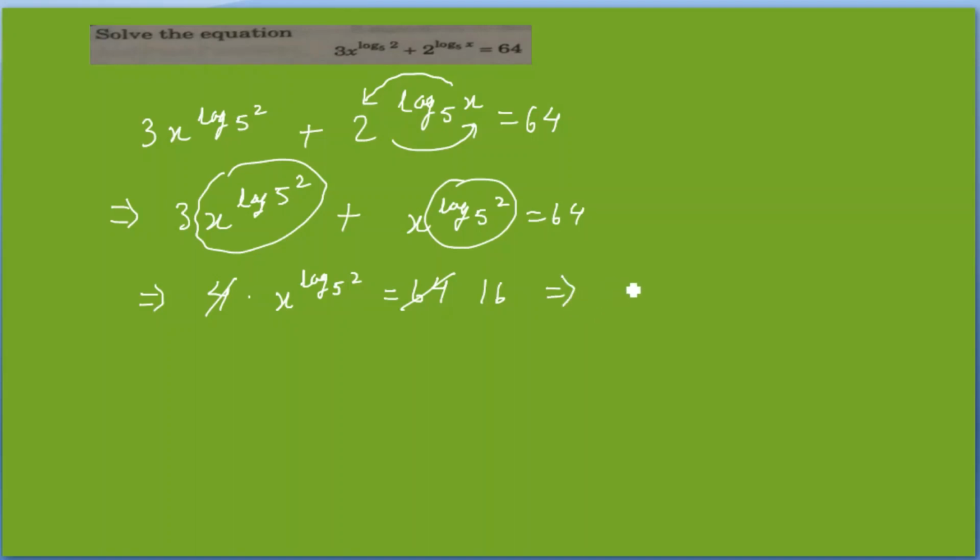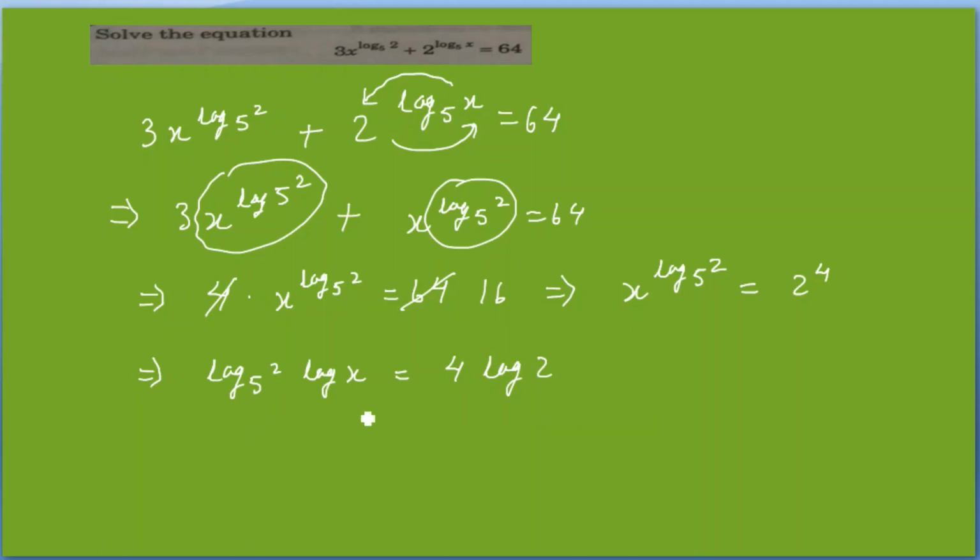So what we can write, x log 5 equal to 2 raised to power 4, taking log both side, and we can write log 5 log x equal to 4 log 2.